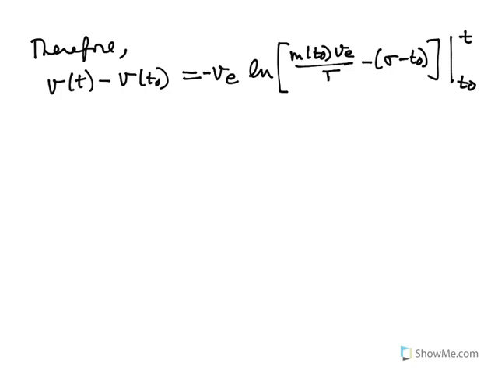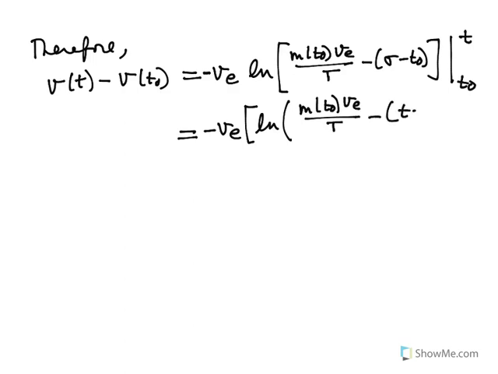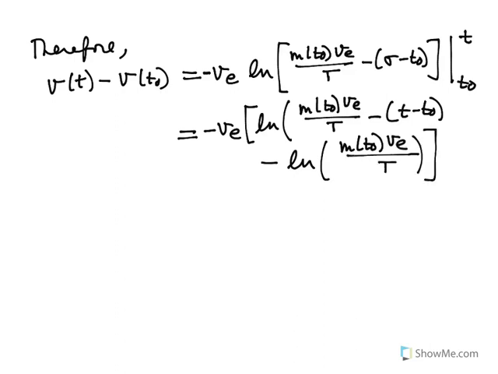But because there's a negative sign in the front, this becomes minus VE times the natural log of m of t0 minus t over VE times t minus t0, minus the natural log of m of t0 over VE, all divided by t.